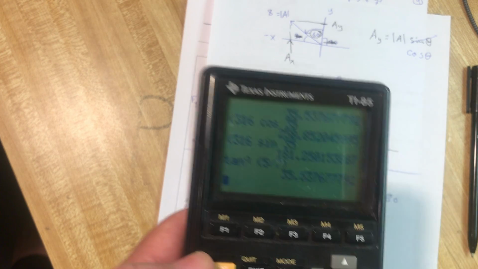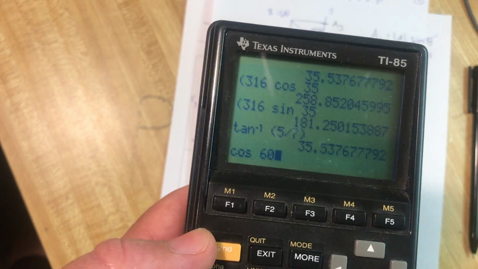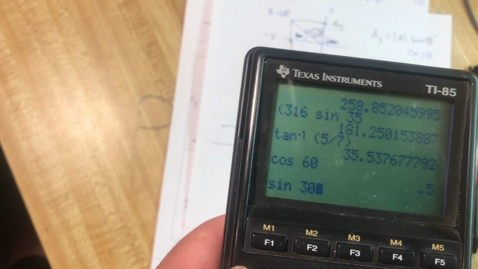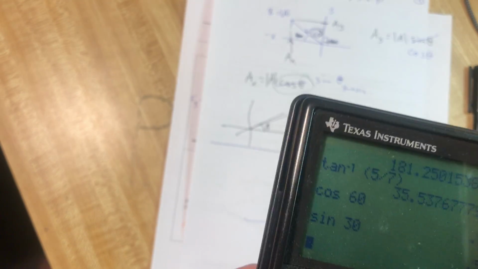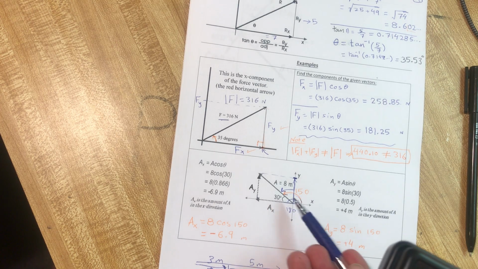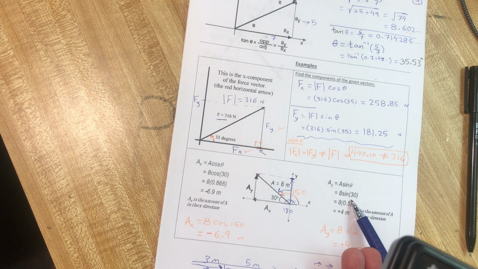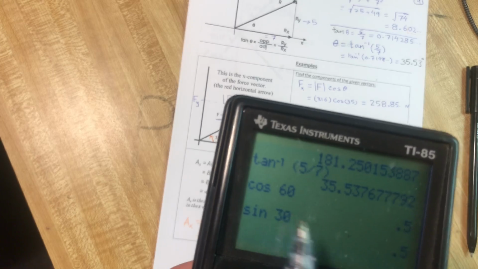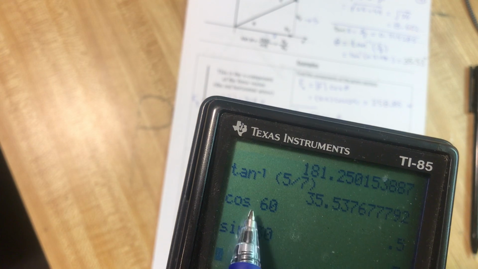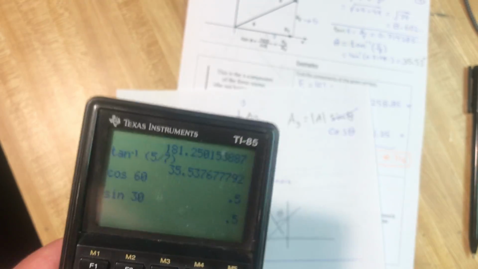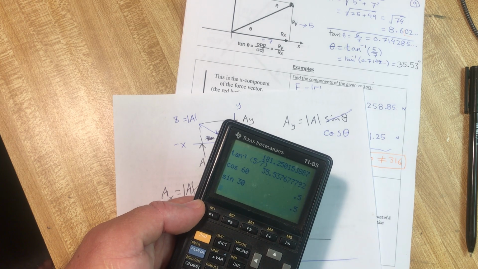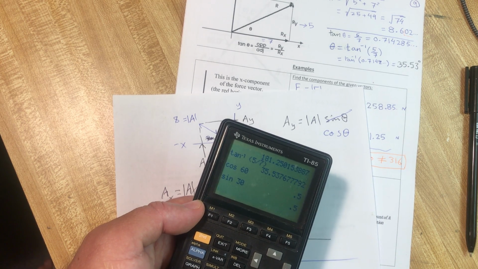Look here, cosine 60 is half. Sine 30 is half. Also, cosine 60, which is the complement to 90 degrees, is the same value. So it will be equal to 8 multiplied by half. It will be equal to 4.